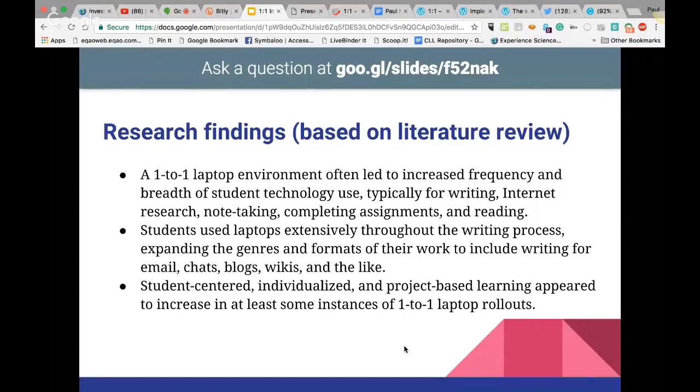When it comes to how students were using it through the writing process, this was really interesting as well. I saw examples where students were working on group writing exercises where they were able to get a sense of where other people were in the writing process.